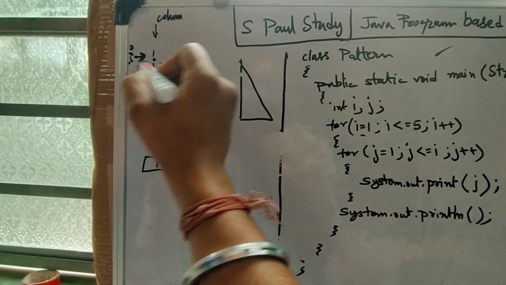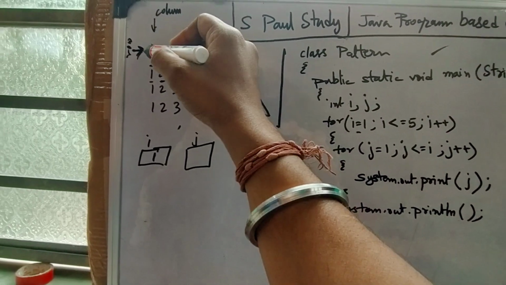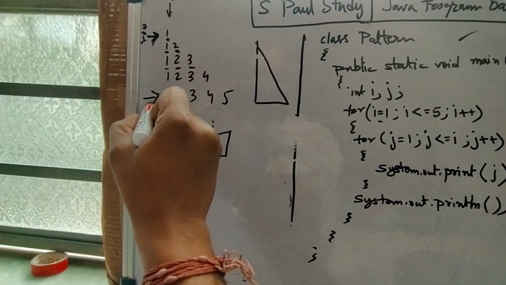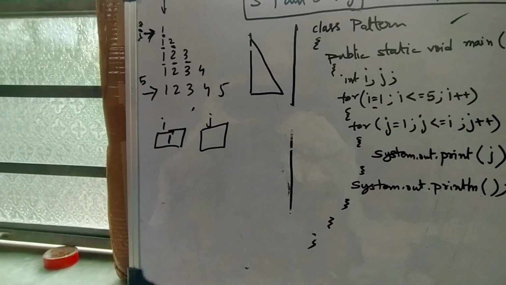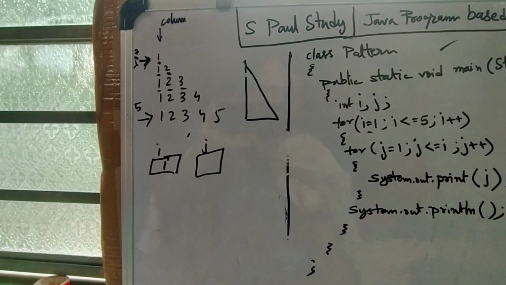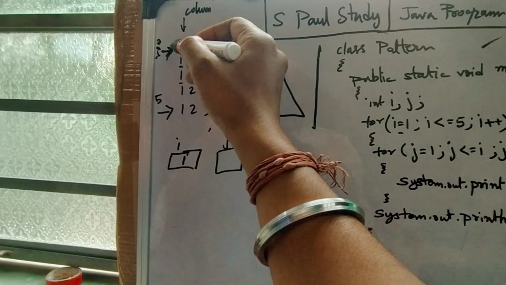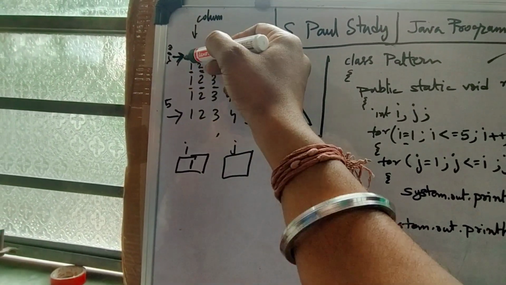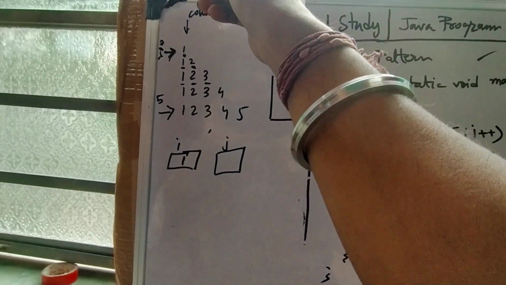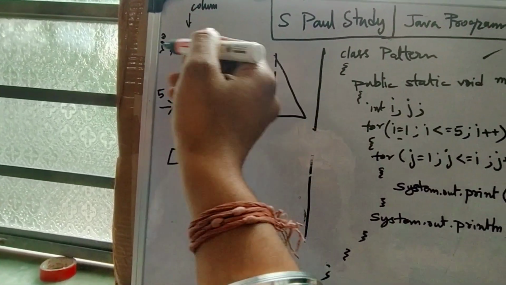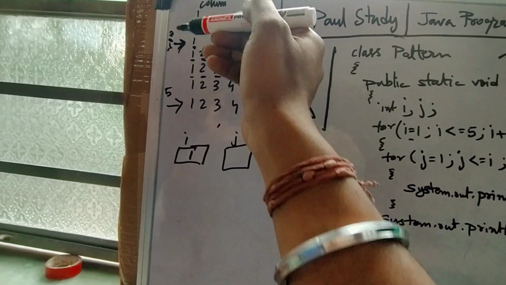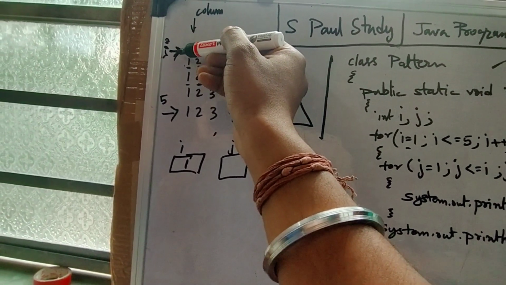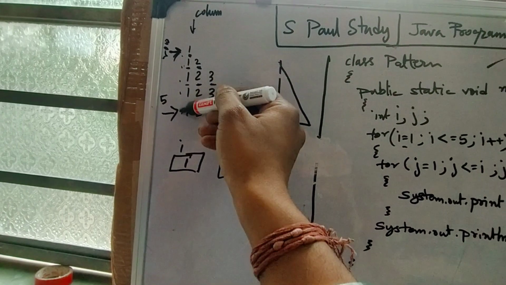Why? Because as I said, I denotes the row, so there are 5 rows. We go up to the fifth place, but in the down direction, printing is on the next line: first line, second line, third line, fourth line, fifth line.